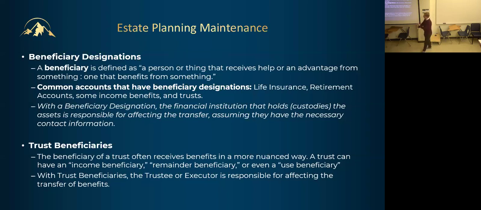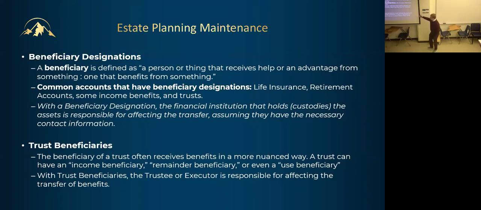Assuming they have all the right contact information and can reach the person designated as beneficiary, it is up to them to re-register the account, pass on the assets, and move them over. That's something that we will do. If we have a client and they die and we know their beneficiary, we're going to re-register their account, however much goes to them, and give that to that new person so that they can take their money.